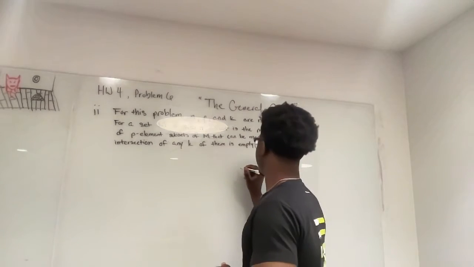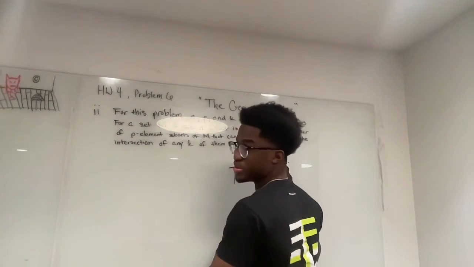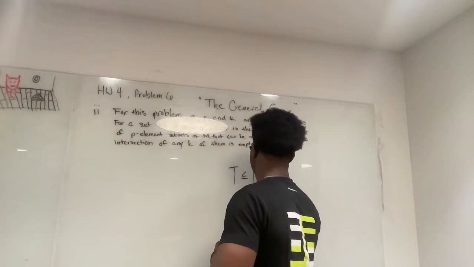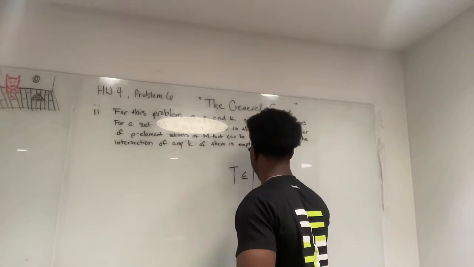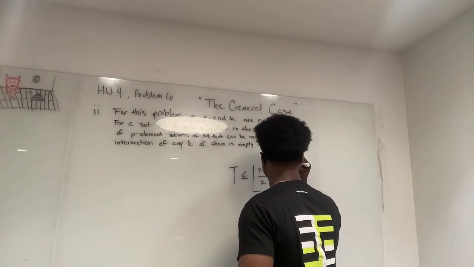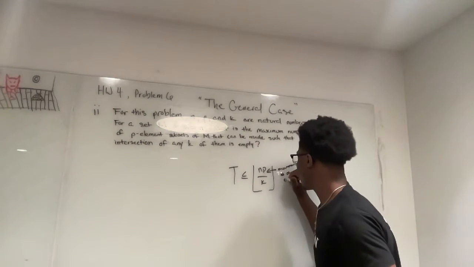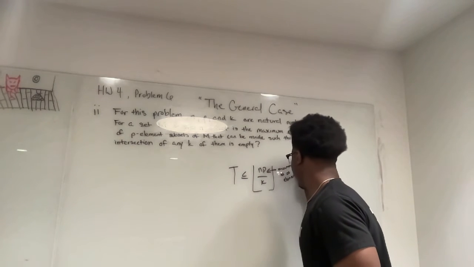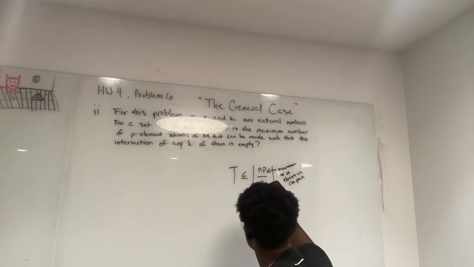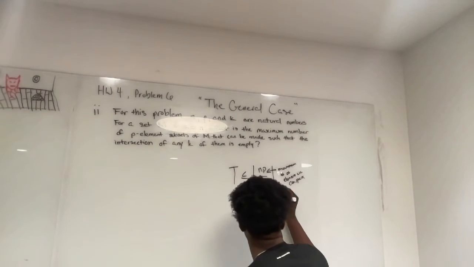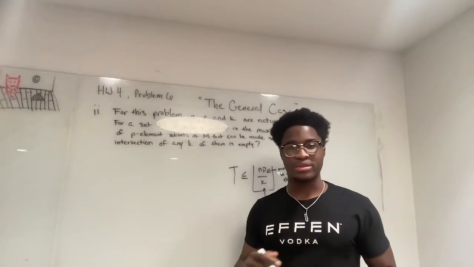So the formula for this question is t is less than or equal to the floor of np over k, where np is the maximum number of elements you can pick, and k is our constraint, okay? And that constraint is the maximum number of subsets that cannot intersect.